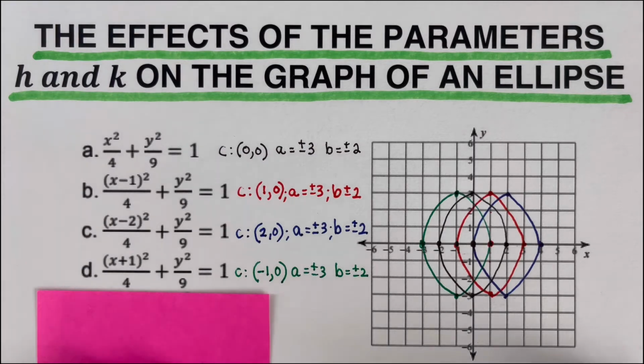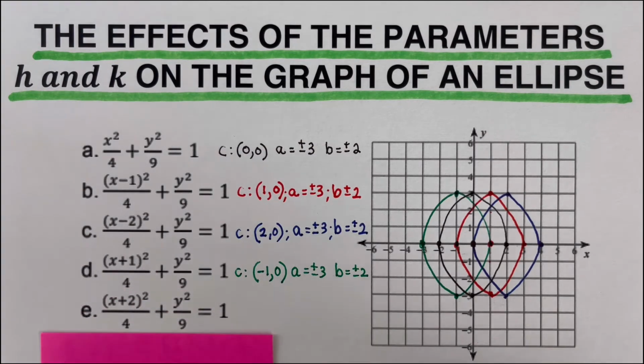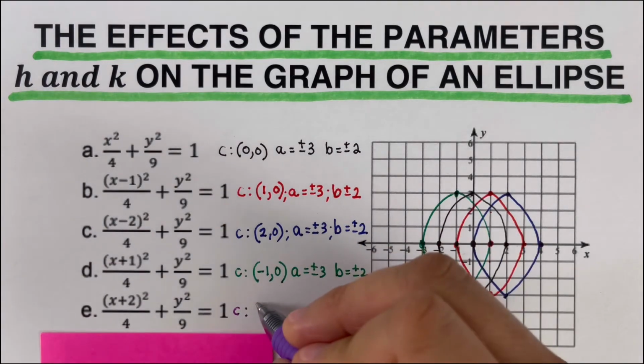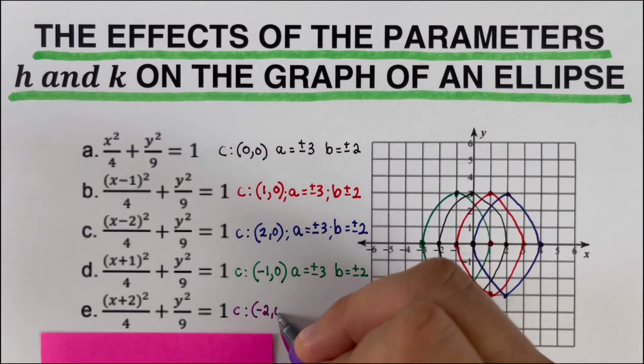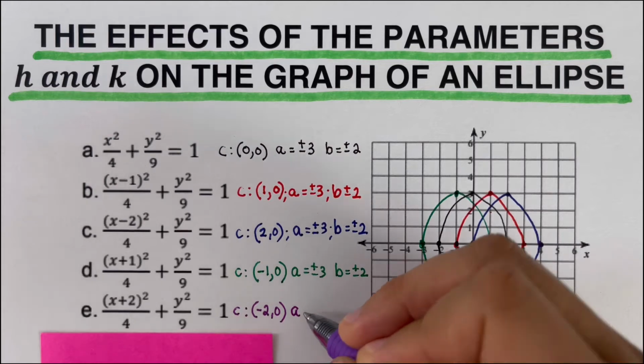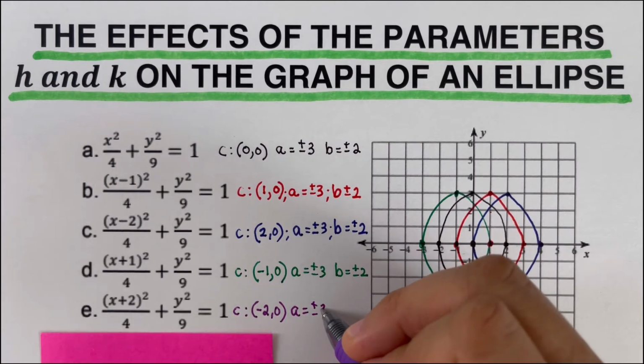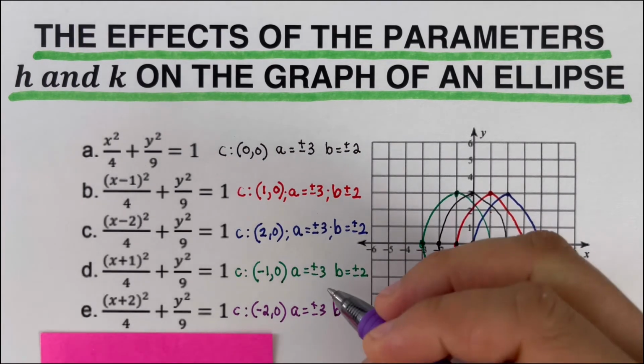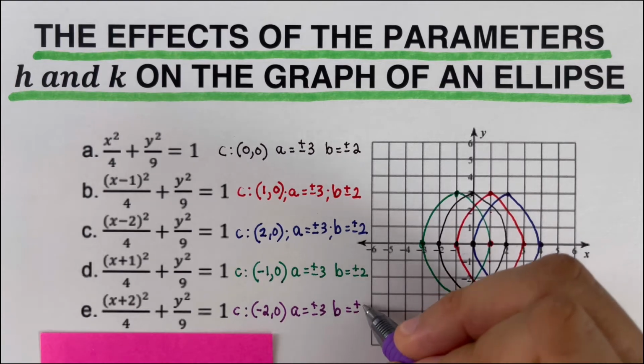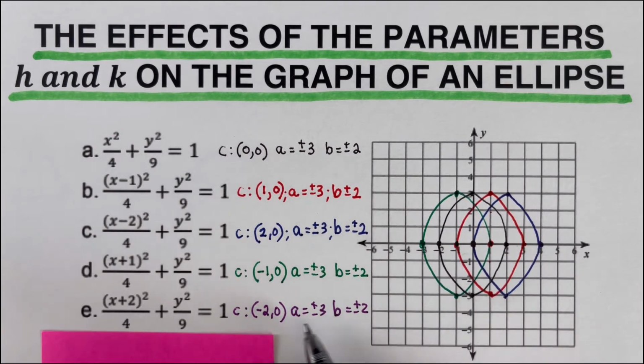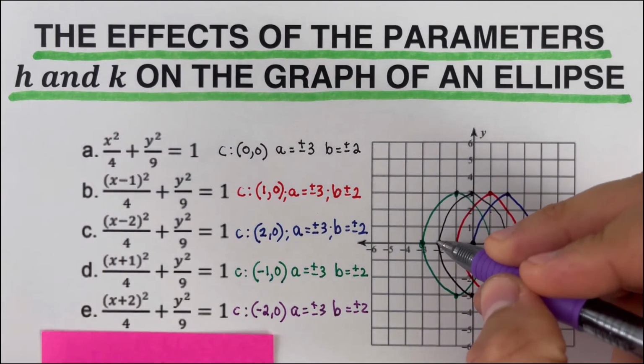And let's graph the last one here, which is E. So again, the center for this is switched and kept. So that would be -2, 0. Our A here is plus minus 3, and the B is plus minus 2. So we can go ahead and say that it's at -2, 0.